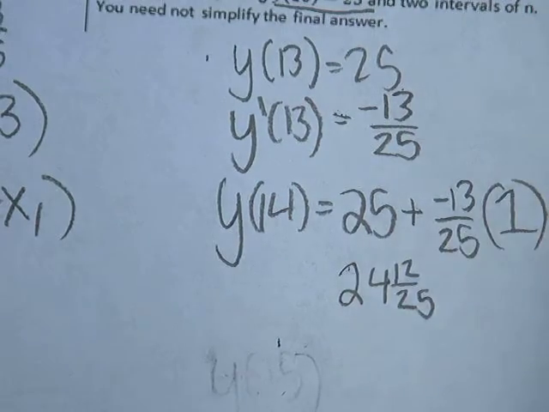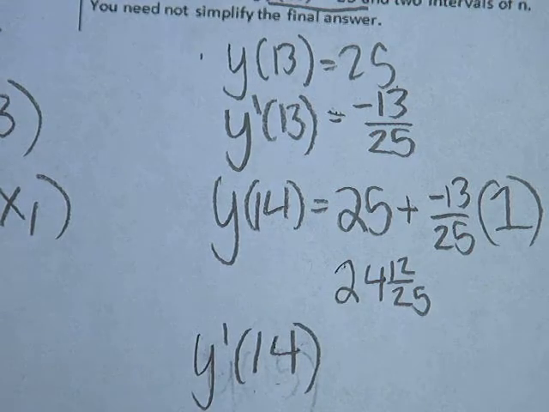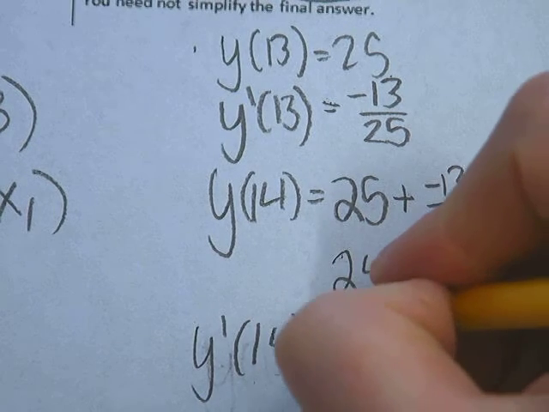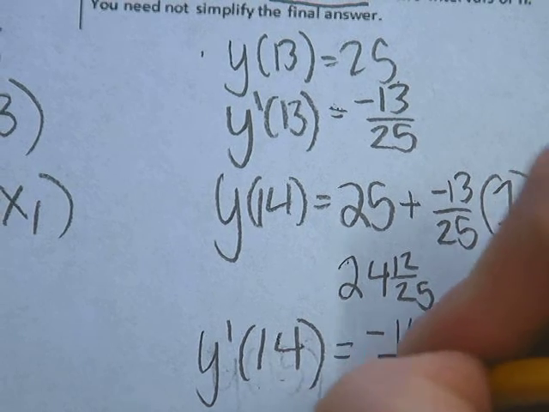Now we need to find y prime of 14 to estimate our next point. It's negative x over y, so it's going to be negative 14 over 24 and 12 25ths.